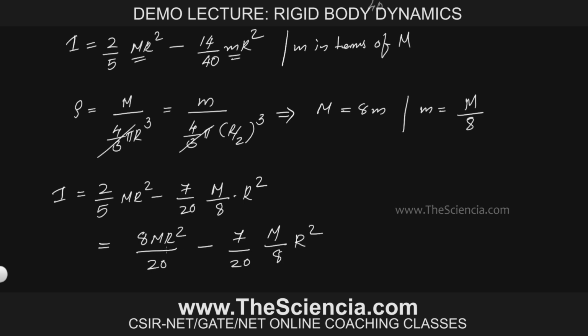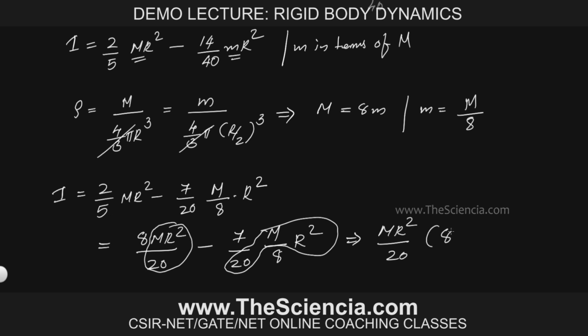Here M R square by 20 is a common term, right? So what we get is M R square by 20 into 8 minus 7 by 8. So we get the final answer as 57 by 160 M R square.